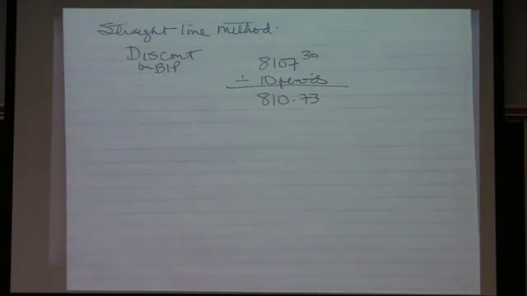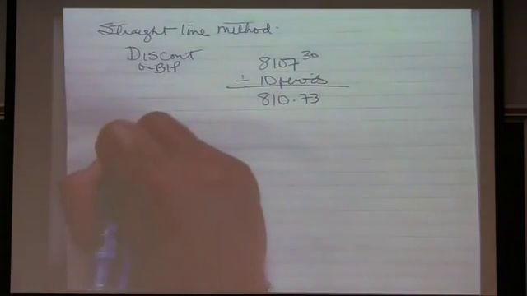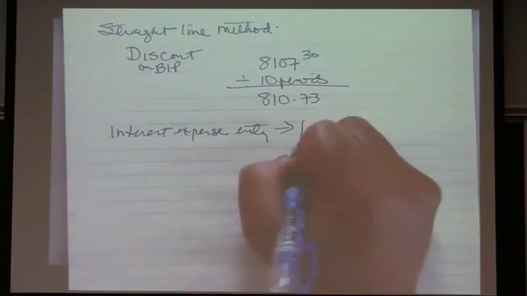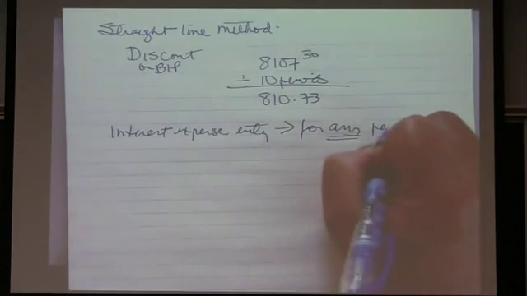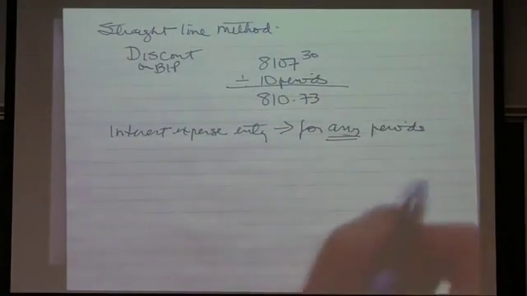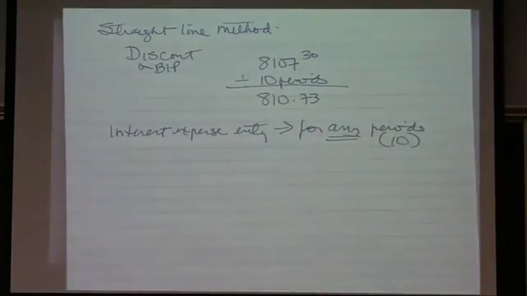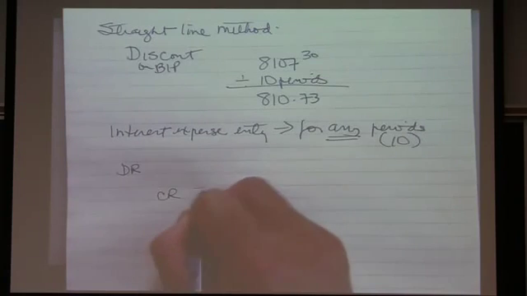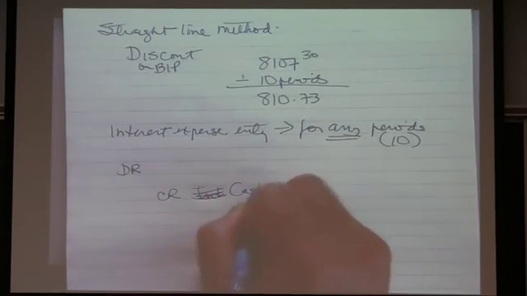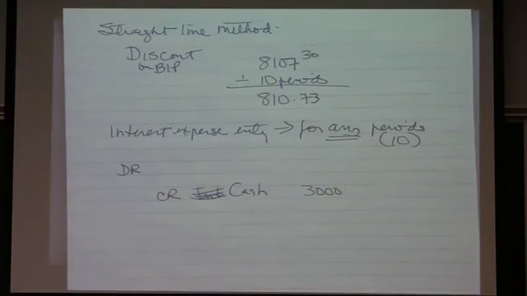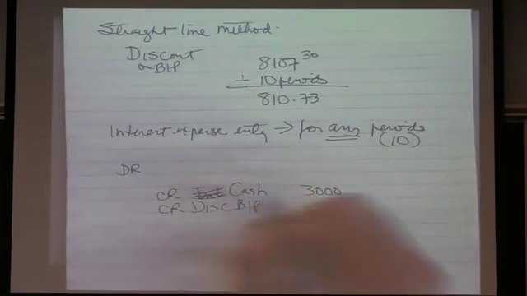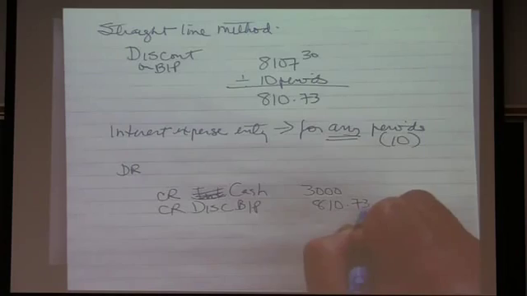And what we're going to do is recognize the interest. The interest expense entry for any of the 10 periods is going to be the same entry. We're going to credit cash always at $3,000, because that's the amount that we're going to pay. We are going to credit discounts on bonds payable for the same amount, $810.73.